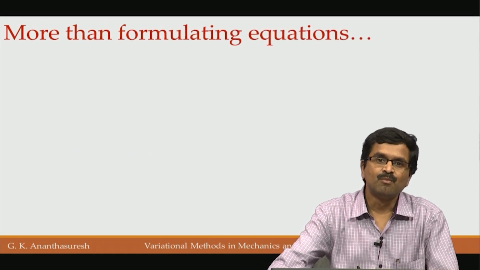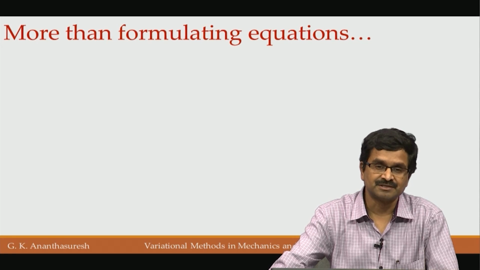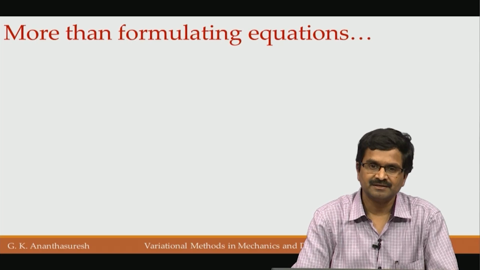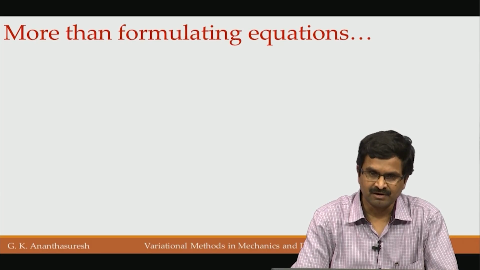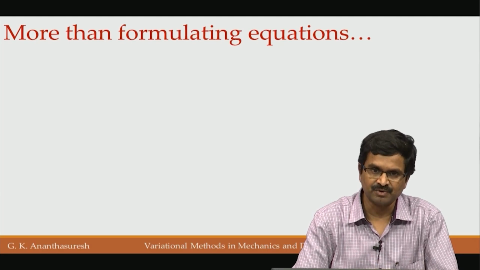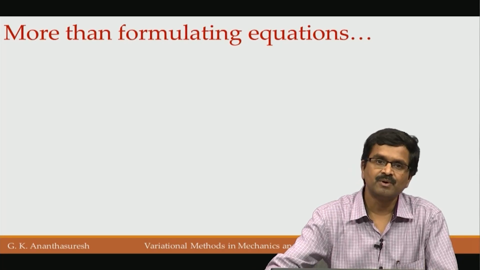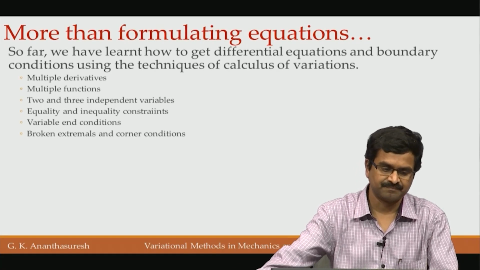So, it is more than formulating equations, that is what this lecture is about. Given a calculus of variations problem, we can write Euler-Lagrange equations, which are differential equations, and the boundary conditions also. Now, we go a little bit beyond that.